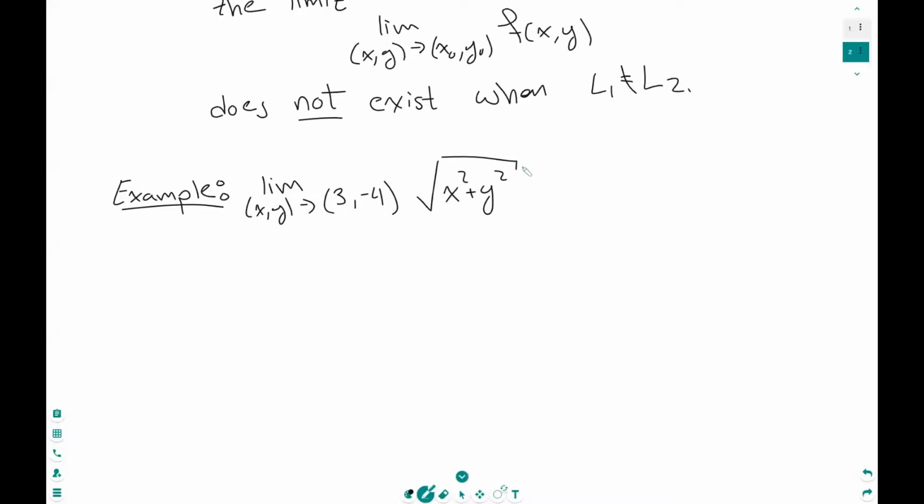In this case, we know that there aren't really any restrictions on the domain for x squared plus y squared. So it looks like 3 and -4 should be fine.